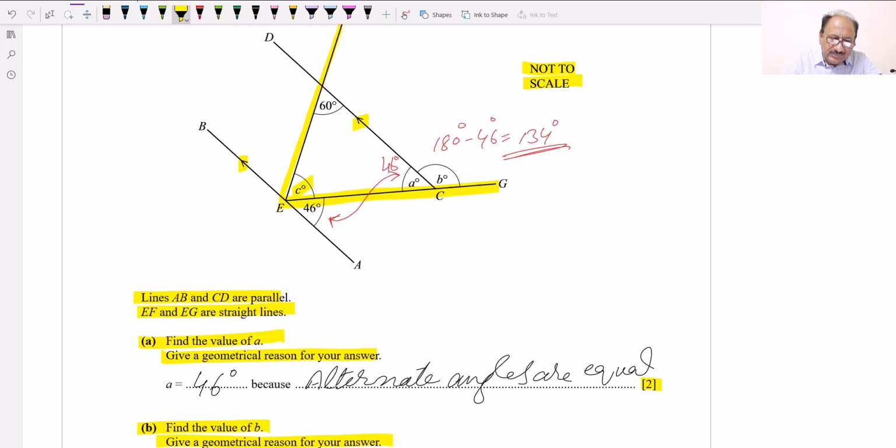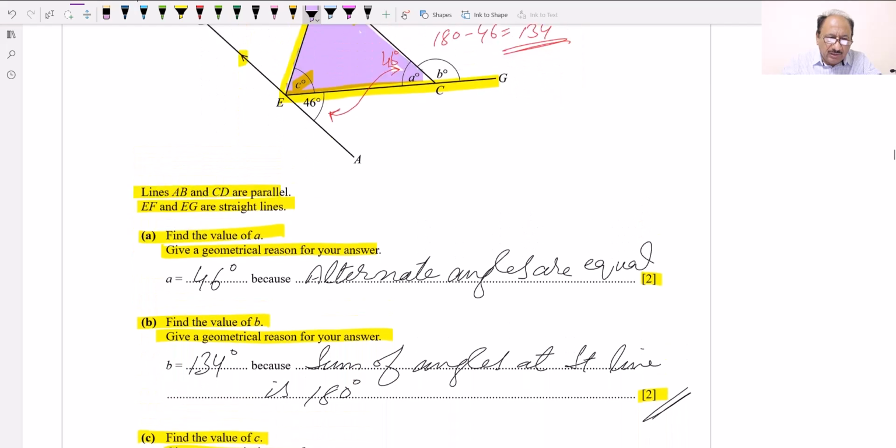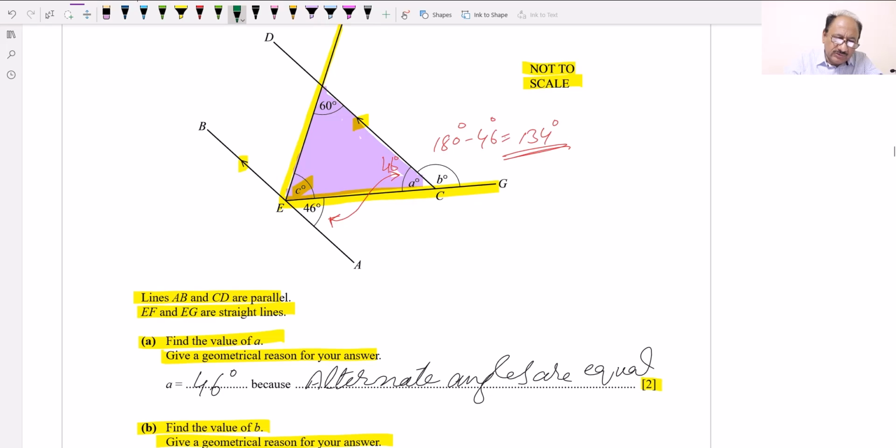If we consider this triangle, the sum of interior angles of a triangle is 180 degrees. So we can write 180 minus 46 minus 60, which is 106.